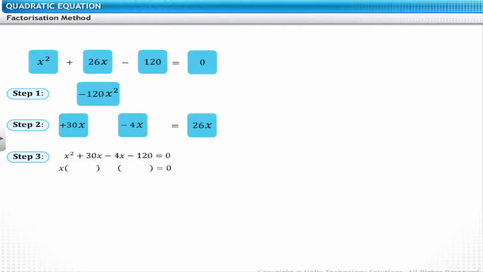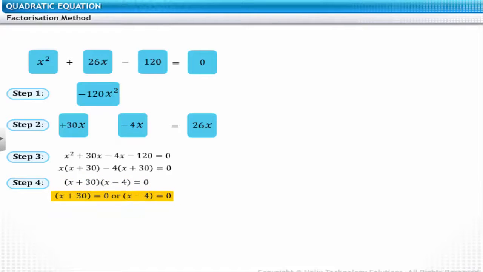You get x times x plus 30 minus 4 times x plus 30 is equal to 0. Step 4. Take x plus 30 as the common factor from the equation. Your equation becomes x plus 30 times x minus 4 is equal to 0.